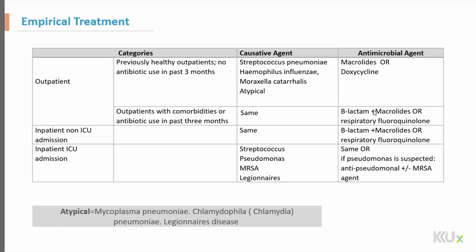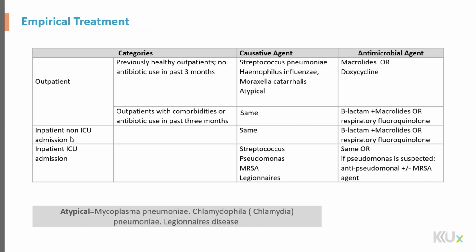So we have to use macrolides and add to it beta-lactams, or use the respiratory fluoroquinolones by themselves. And remember, the respiratory fluoroquinolones are gemifloxacin, moxifloxacin, and levofloxacin. We call them respiratory fluoroquinolones because they cover Streptococcus pneumoniae.